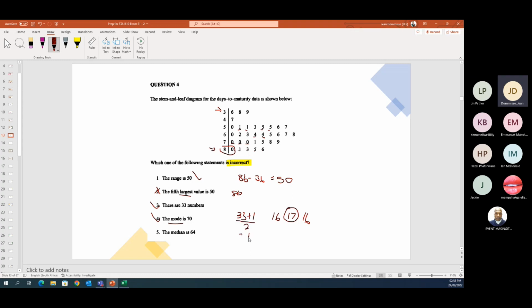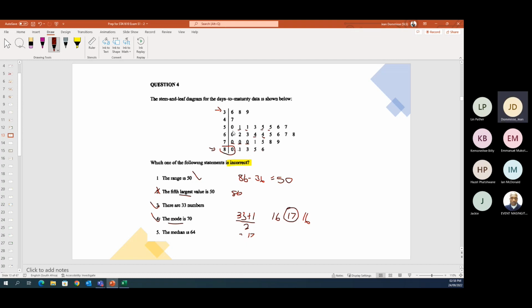That is the position. So the position is position 17, and that must give us the median. So let's count 17. 1, 2, 3, 4, 5, 6, 7, 8, 9, 10, 11, 12, 13, 14, 15, 16, 17. So 17 was 64. Okay, so that is correct.